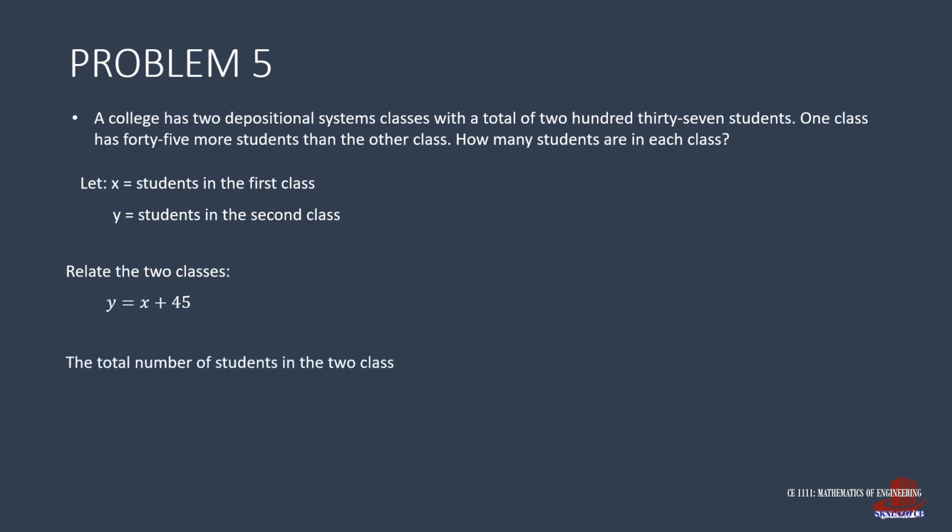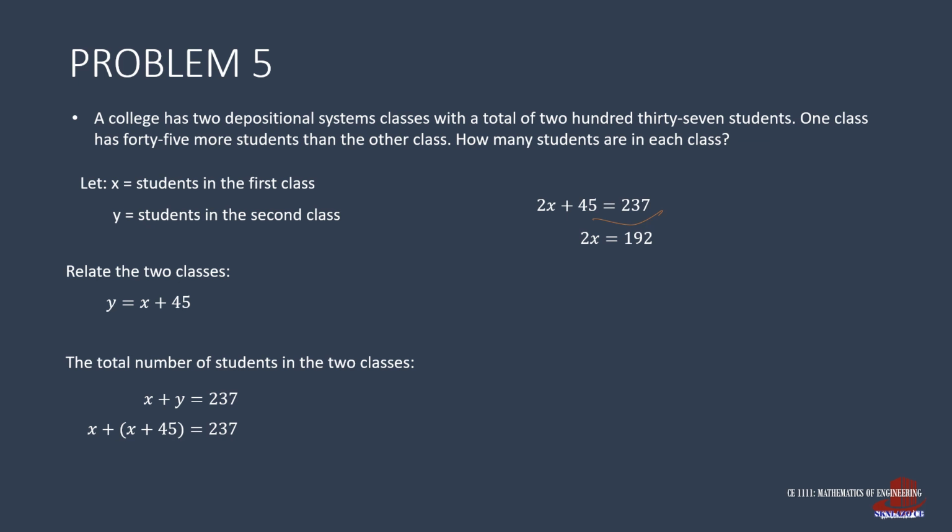Another relationship of the two variables includes the total number of students. So we have x plus y as 237. Plug y in terms of x to have x plus x plus 45 as equal to 237. Simplify the terms and get 2x plus 45 as equal to 237.